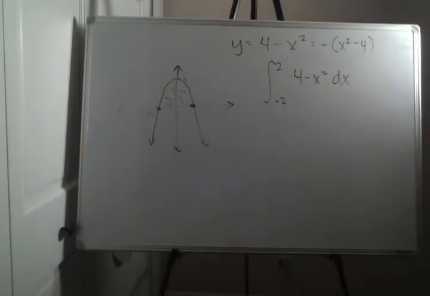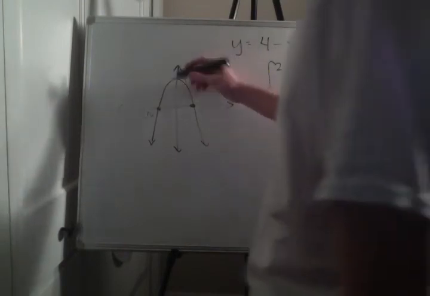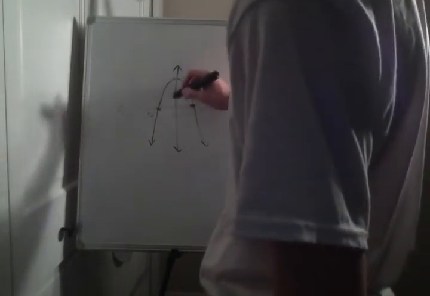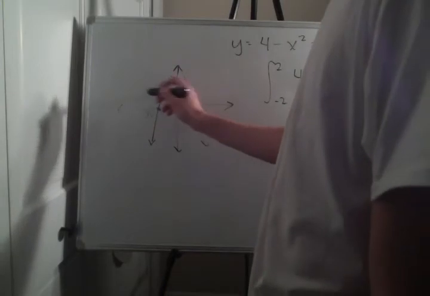However, and this is helpful if you want to know this area, and you definitely need to know how to do this. But what if you want to know the area of this exact same line of 4 minus x squared, but instead of doing it to the x-axis, what if we wanted to find the area of this to y equals 2?